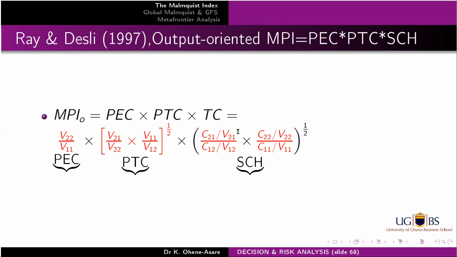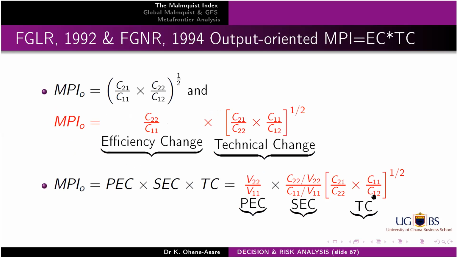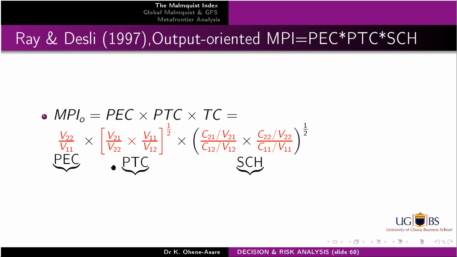So you can see the decomposition, they still bring the one in the curly bracket, which was relative to constant returns to scale here. Okay, they did not use C throughout, rather they used V throughout, and they called it pure technical change.